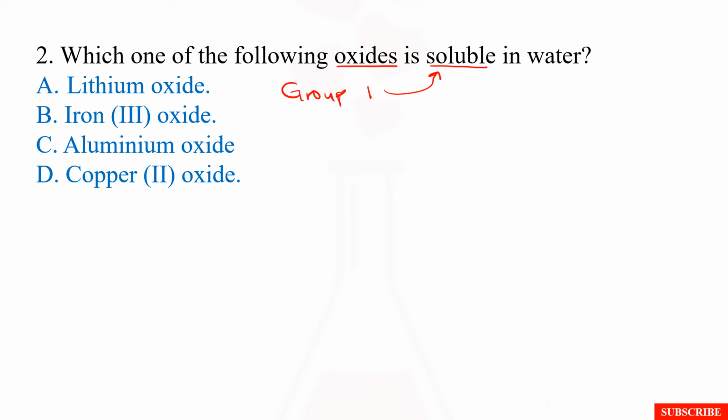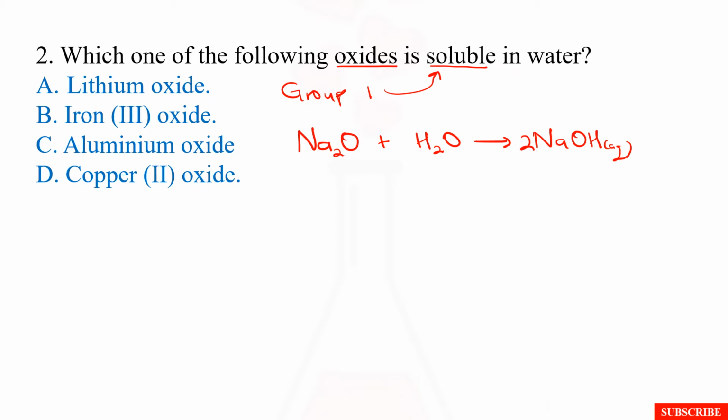In this case, when you look at the options we have, lithium is in group 1, together with sodium, potassium, and so on. For example, sodium oxide can dissolve in water to form sodium hydroxide solution. So this sodium oxide will be soluble in water.